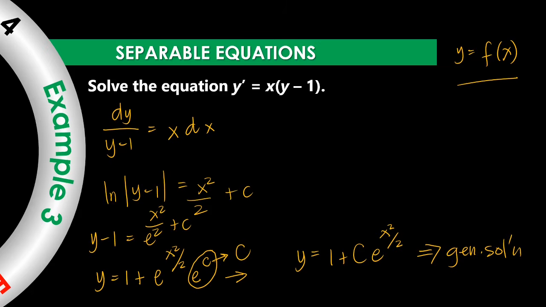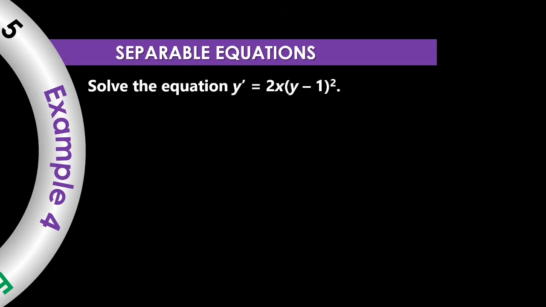Next example. Example number 4. Solve the equation y prime equals 2x times the quantity y minus 1 squared. So again, there is no need to write dy over dx. I just multiplied both sides by dx, and this y minus 1 squared would be the denominator of dy on the left side.